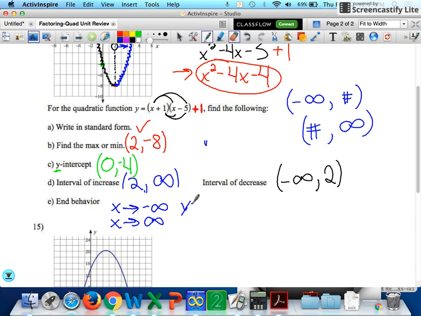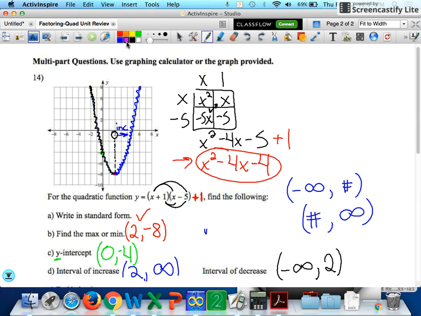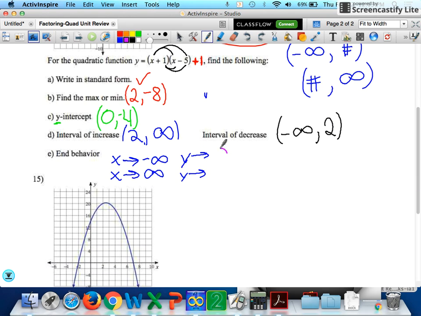Then you're going to have to fill in what y does, because that's the question it's asking. It's saying, hey, as we go left and right, are we going up, down, flat? What are we doing? And we can see on this parabola, both arrows are firmly pointing up to positive infinity. So that's my end behavior, the behavior of the ends of my graph. Positive infinity and positive infinity.